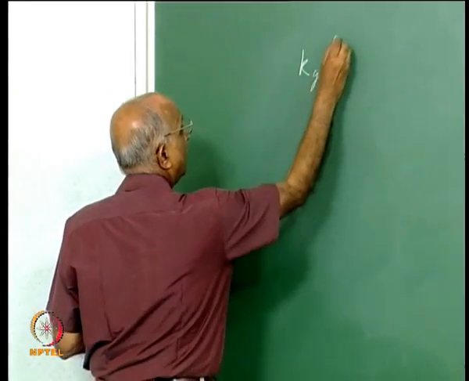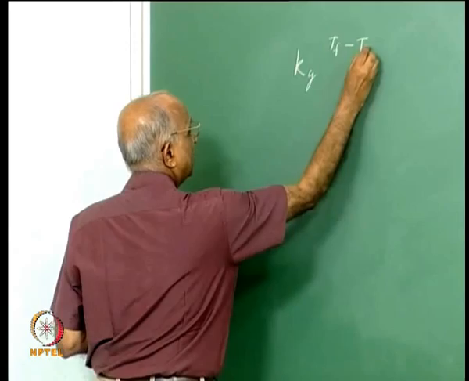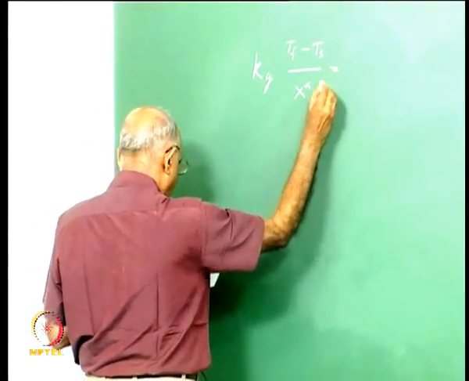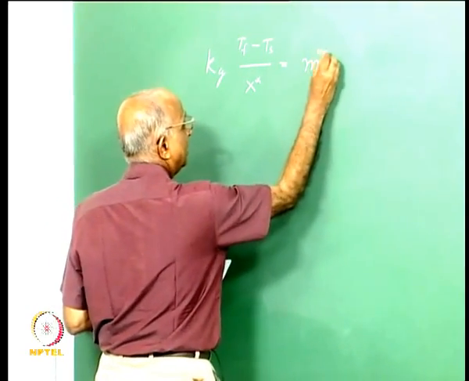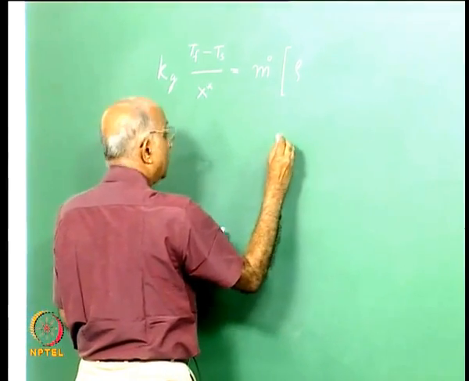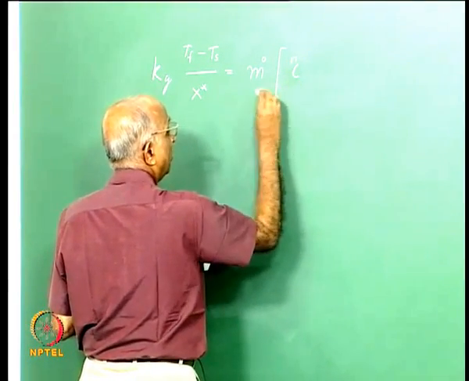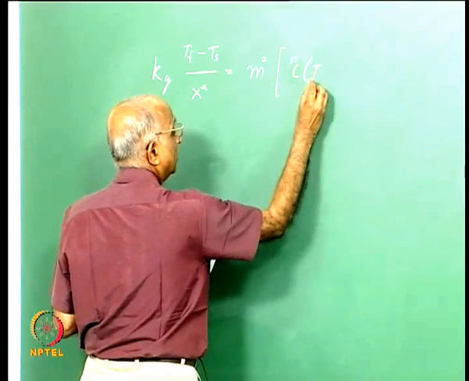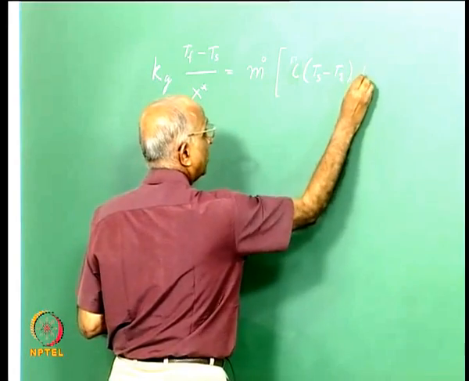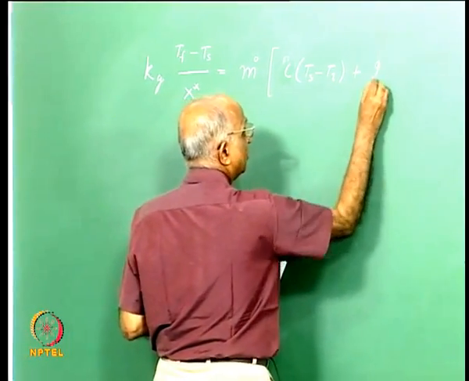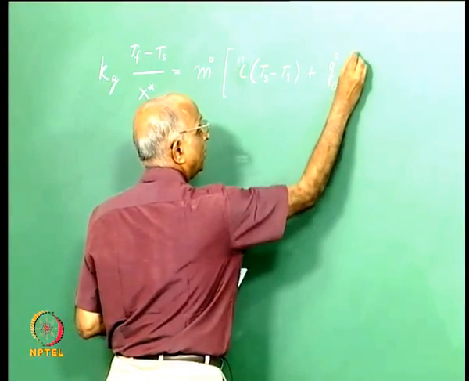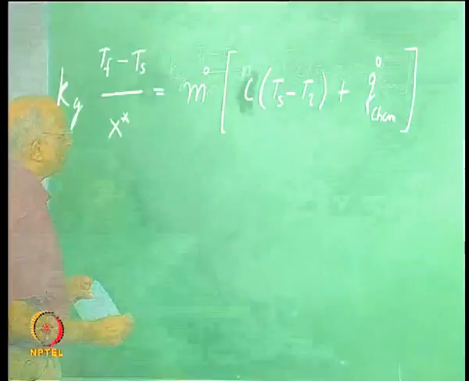Therefore I can write my equation as thermal conductivity of the gas into the flame temperature minus the surface temperature of the propellant, divided by the flame standoff distance, is equal to the mass which is getting released at the surface into the specific heat, mass into specific heat into the surface temperature changing to Ts from the initial value Ti, plus the heat which gets released at the surface, might be an endothermic reaction at the surface, Q dot chem, and therefore this gives me my energy balance equation.